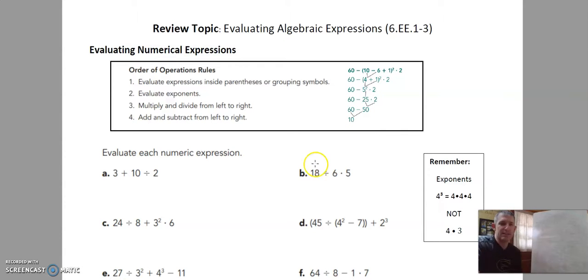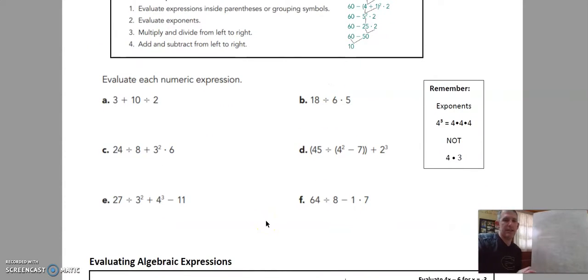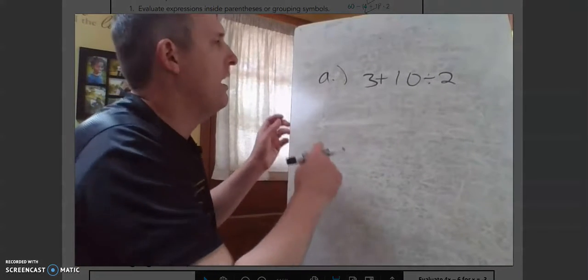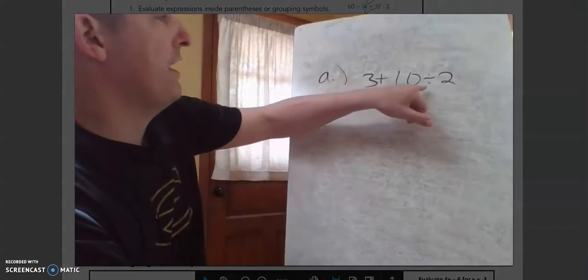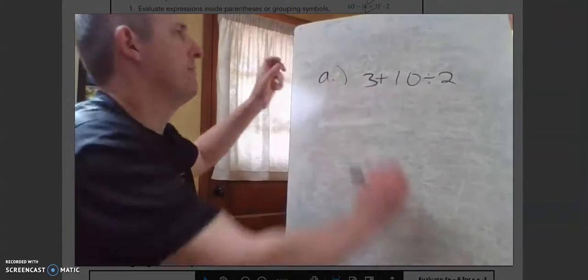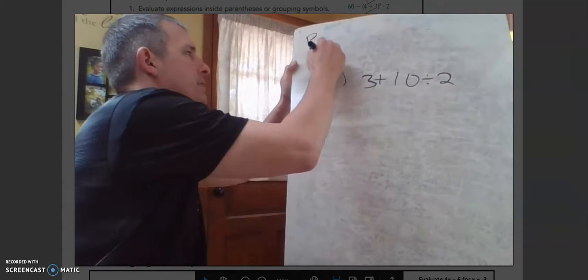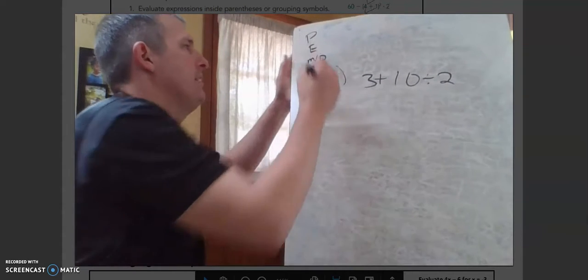Okay? All right, let's look at a few together. Let's look at A. A is 3 plus 10 divided by 2. Let's take a closer look here. I've got addition and I've got division. If you remember PEMDAS, please excuse my dear Aunt Sally.